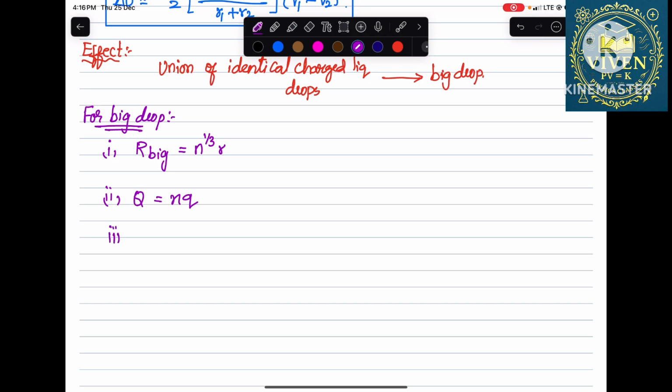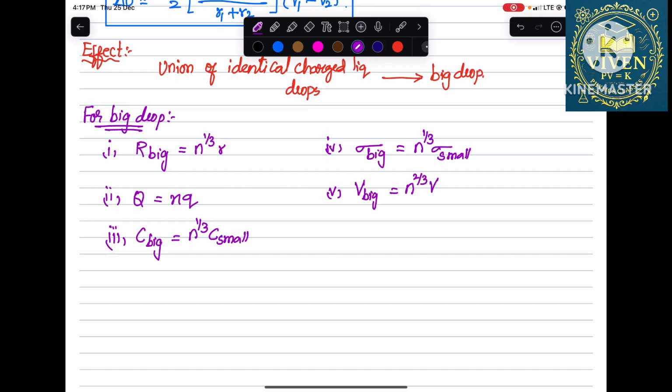And third, capacitance of the bigger drop is equal to n to the power 1 by 3 times the capacitance of each smaller drop. And fourth, surface charge density of the bigger drop is equal to n to the power 1 by 3 times the surface charge density of each smaller drop. And next, potential of the bigger drop is equal to n to the power 2 by 3 times the potential of each smaller drop.